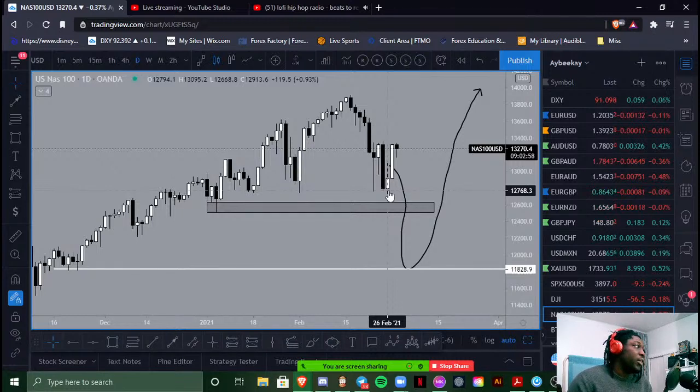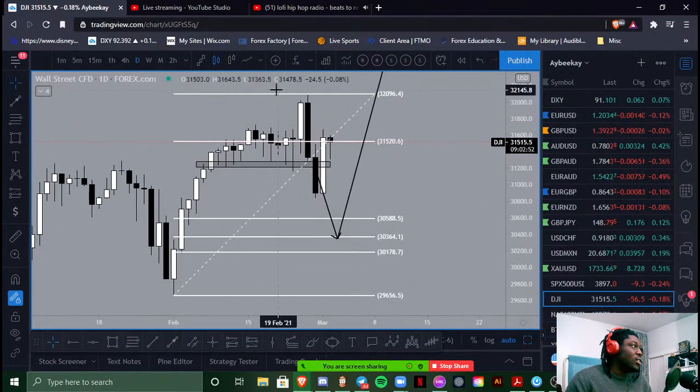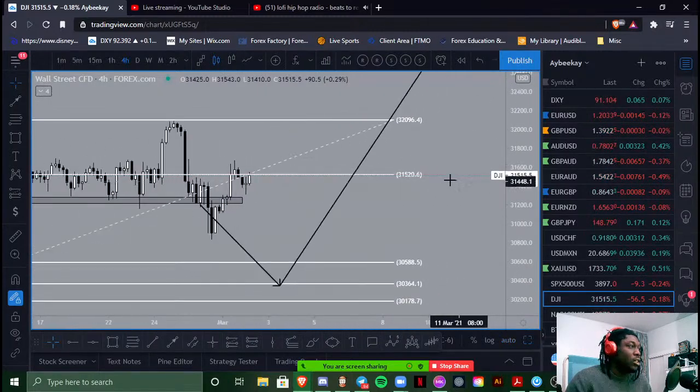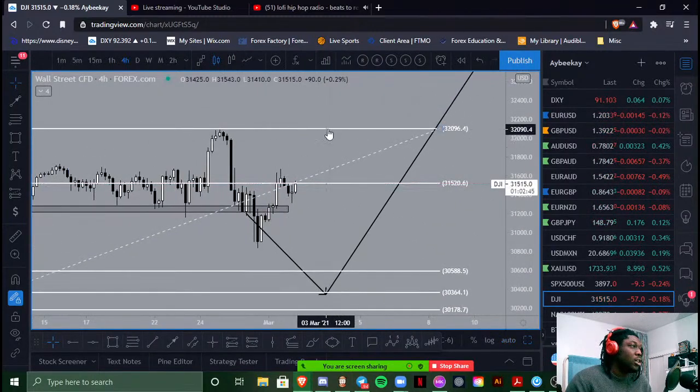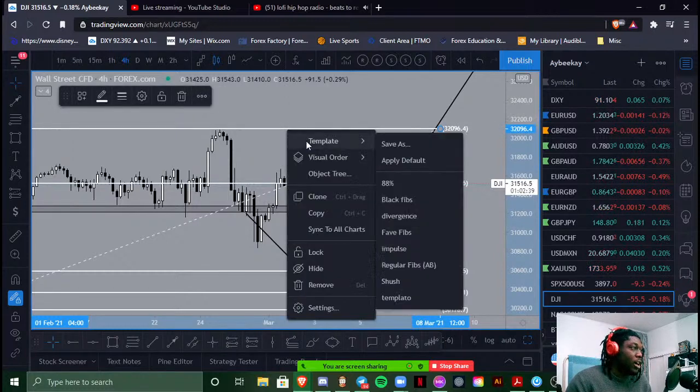Honestly speaking, if I would have got in, I would have gone on the buy right here, and it would have been holding. I'm not trying to trade NASDAQ though, and same thing with US 30, guys. Even just take a look at this, dropping a fib from when it made higher highs and it made all-time highs.